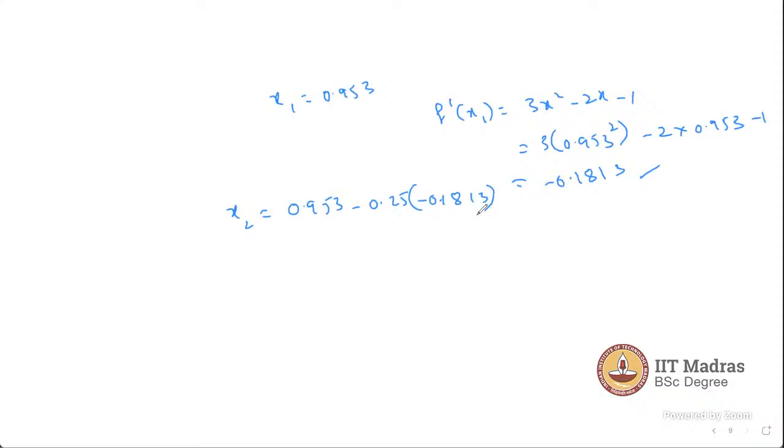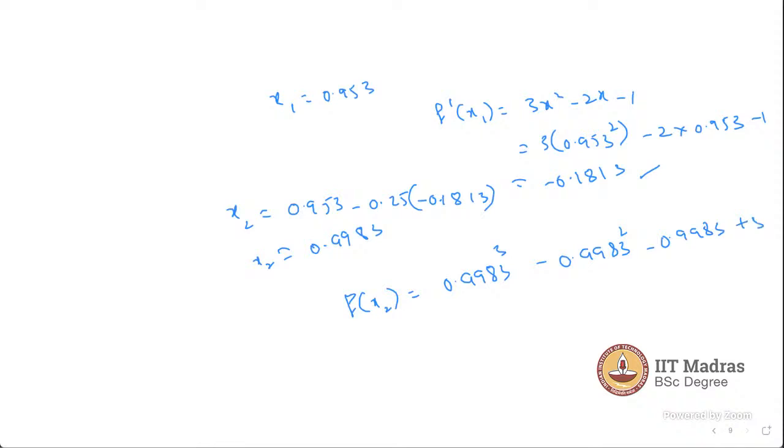So that gives the value as 0.9983, right? That is x2. So we check for f of x2 here. This is 0.9983 cube minus 0.9983 square minus 0.9983 plus 5. We check this.